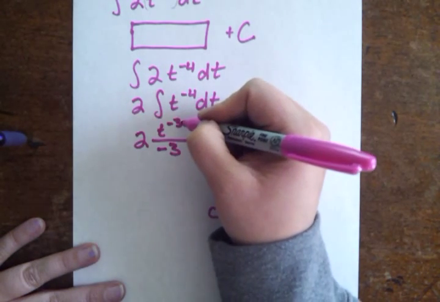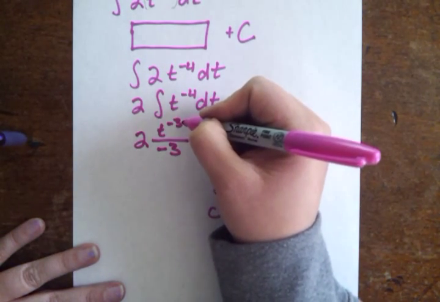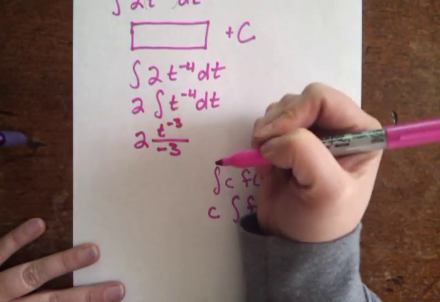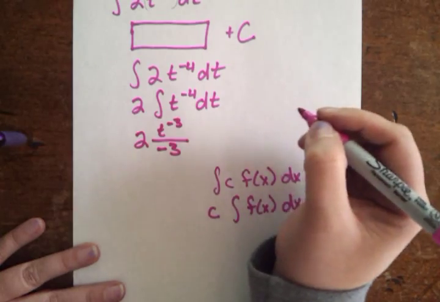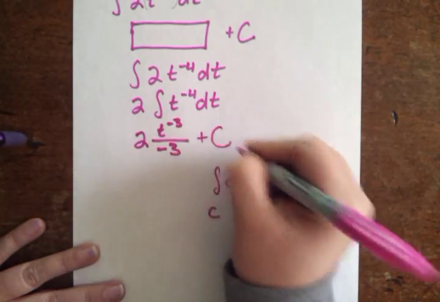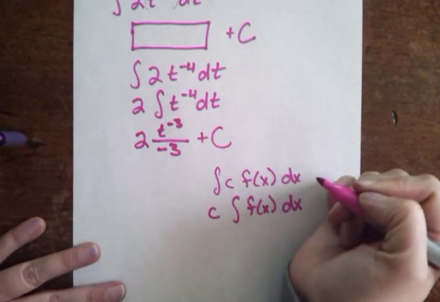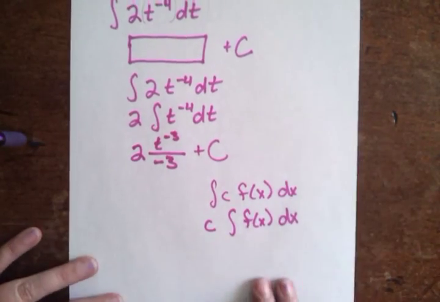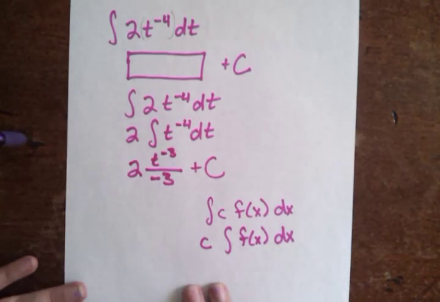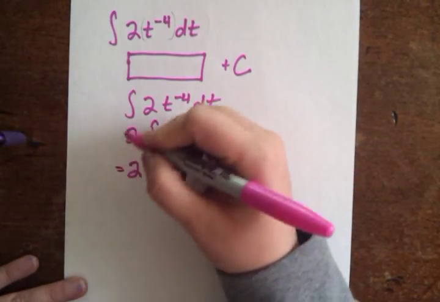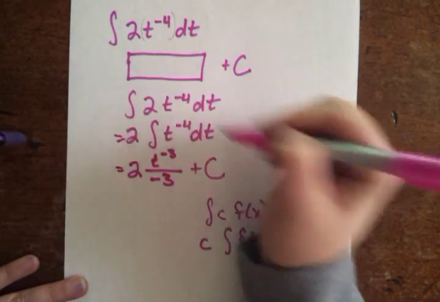I raised the exponent by 1 and then copied that exact exponent down into my denominator, and then I have my plus c, right? Okay, the plus c comes after every single one of these indefinite integrals.